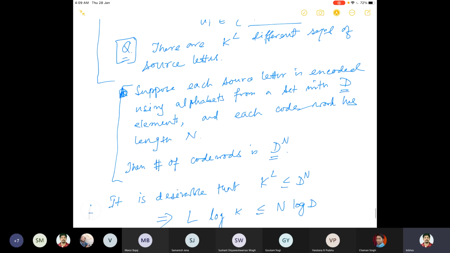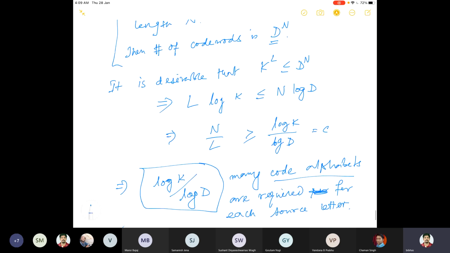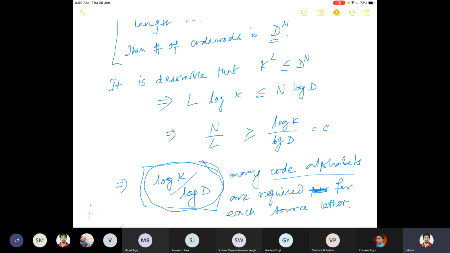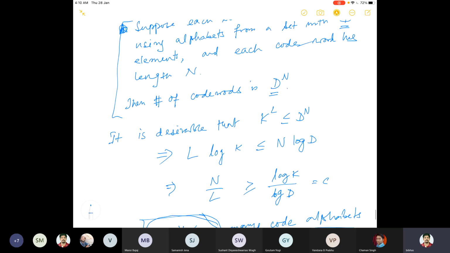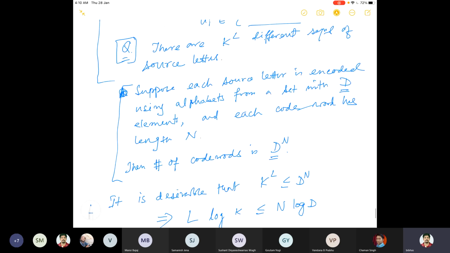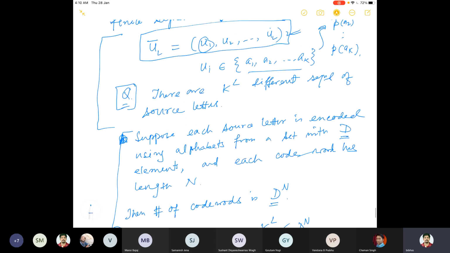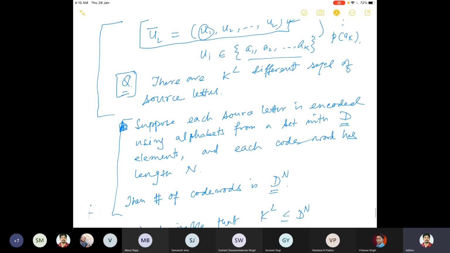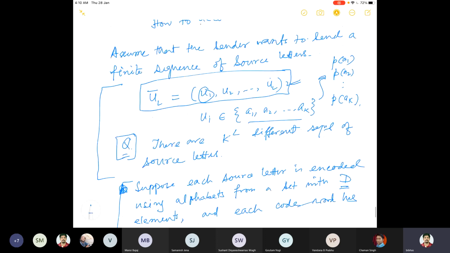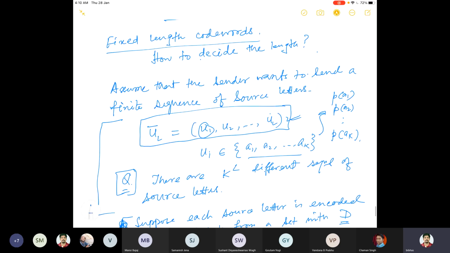Now, what we have observed here is, if we follow the principle, the number of code words of a particular length n has to be bigger than or equal to the number of sequences of length L.